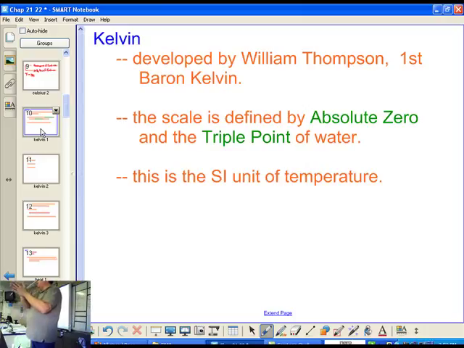At the triple point, at a particular temperature and pressure, all three phases coexist. So you have these phase changes all going on at the same time. Every substance has a triple point, but this is what's defined, and this is the SI unit of temperature. Kelvin is our SI unit.